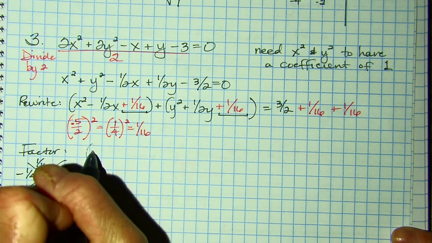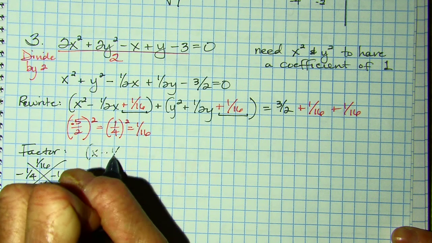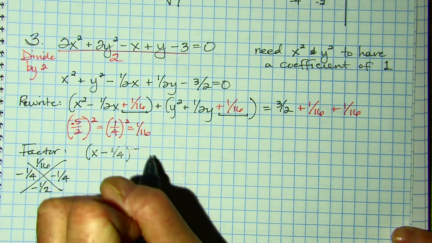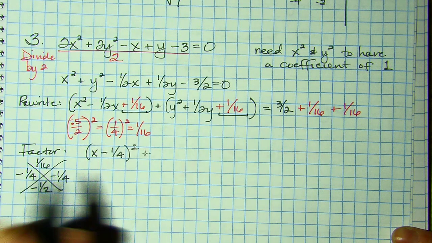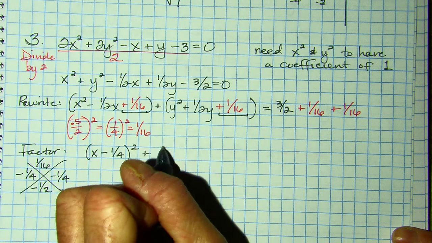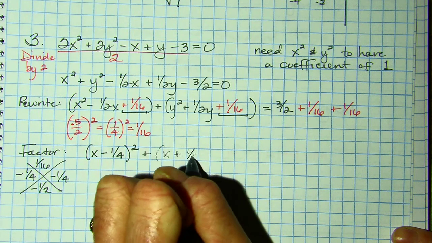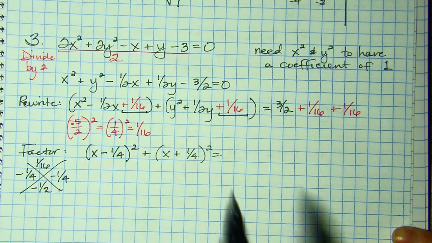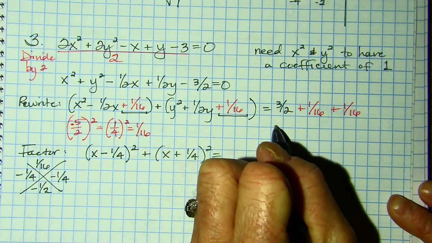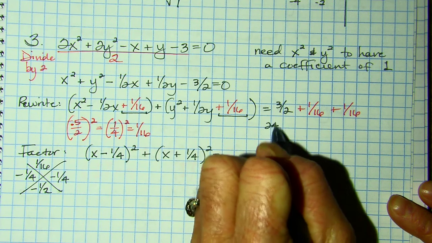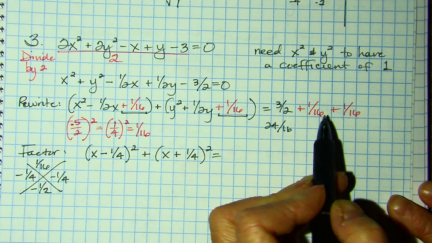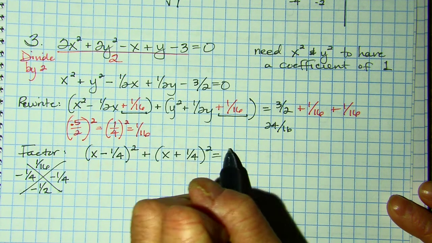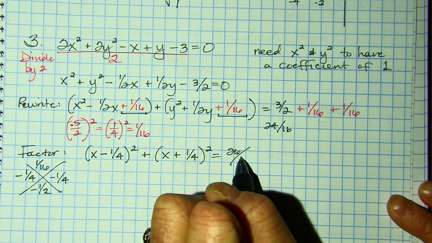So my factors are x minus 1/4 squared plus, these factors are going to be almost identical but positive, right? So this would be y plus 1/4 squared equals, you'd have to make this into 16, so you'd have to multiply by 8, so 24 over 16 plus 1/16 plus another, you'd get 26 over 16.